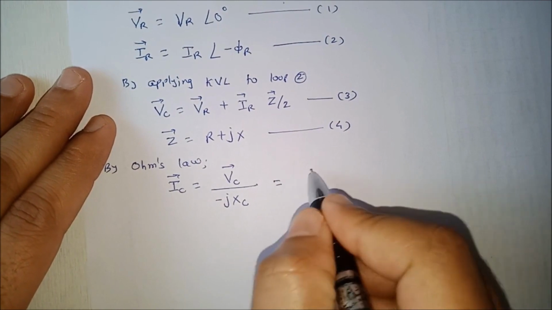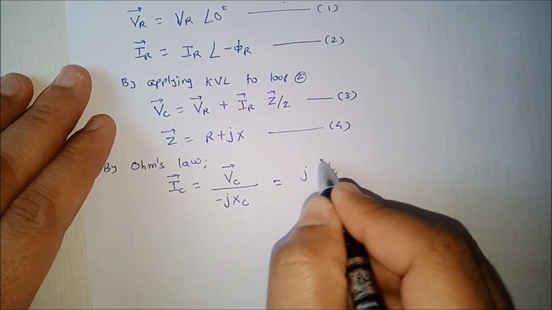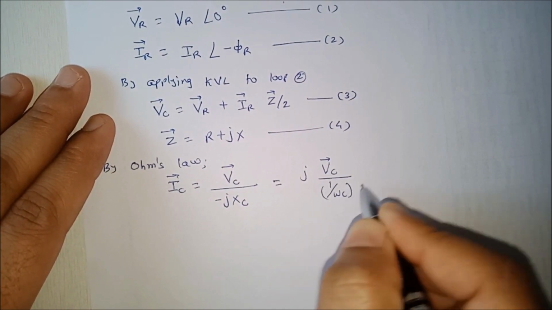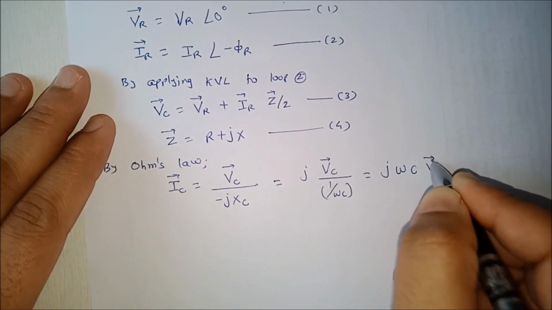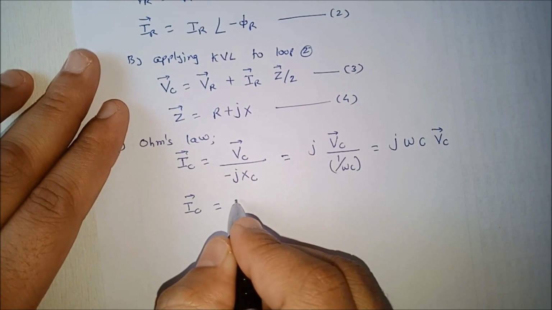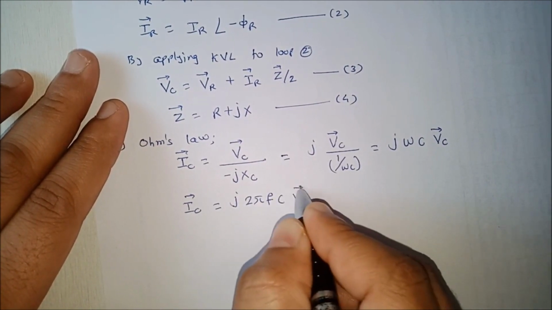That is equal to 1 upon minus j, which is plus j, into VC divided by XC. XC is 1 upon omega C. So that is equal to j omega C into VC, and as you know omega is 2 pi f, so IC will be equal to j 2 pi f C VC.